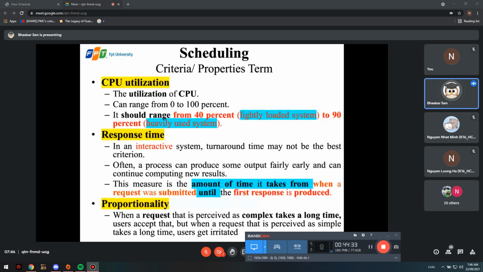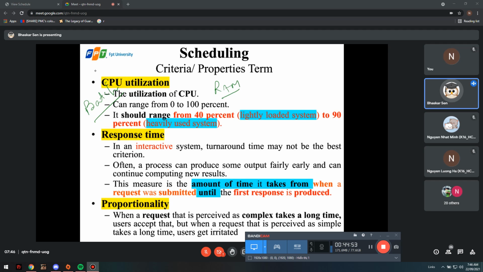Then comes CPU utilization, also a criterion for batch systems. We already know what CPU utilization is. How could we increase it? By increasing RAM. And what is the logic behind it?